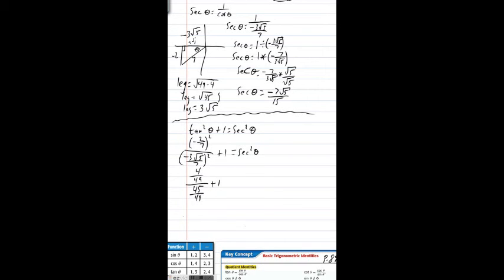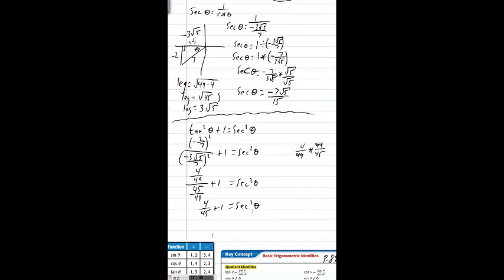We have 4 over 49 times the reciprocal, so the 49s cancel. So I have 4 over 45 plus 1 is equal to secant squared of theta.